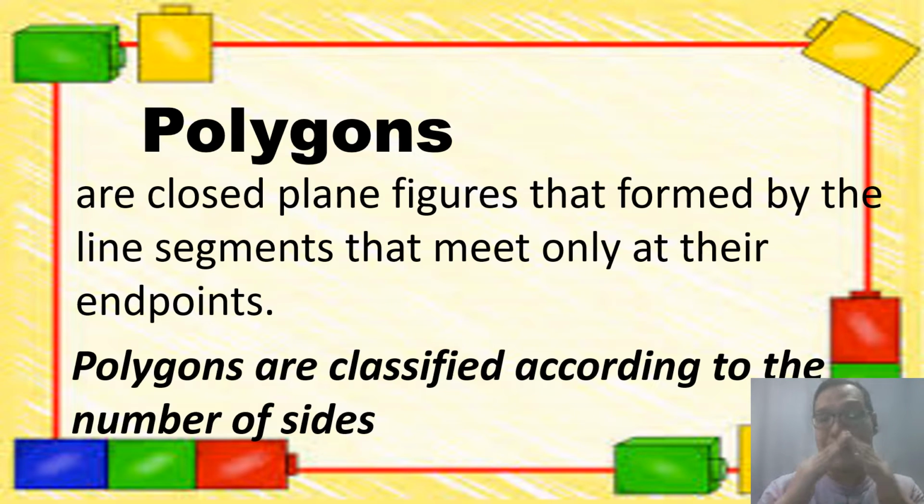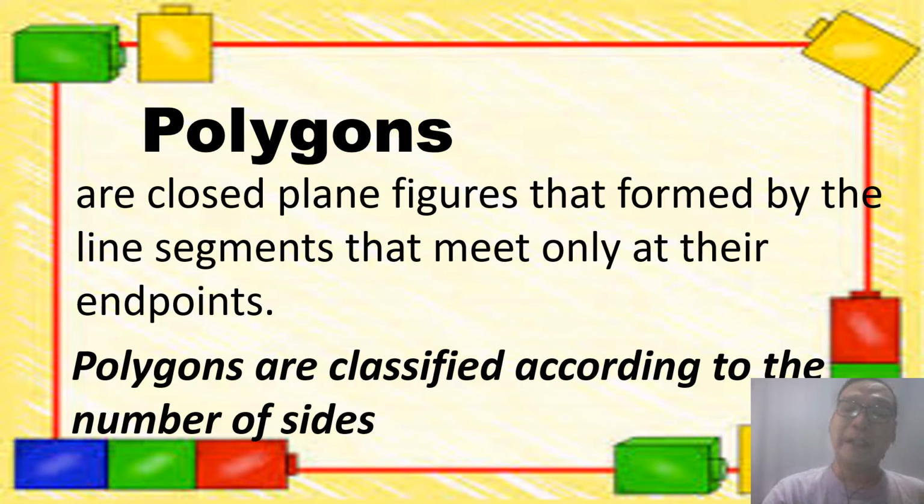Pag madami, vertices. Okay. So, yun ang polygon. A polygon is made by lines which are connected or meet at their endpoints, and polygons are named according to the number of sides or number of vertices.